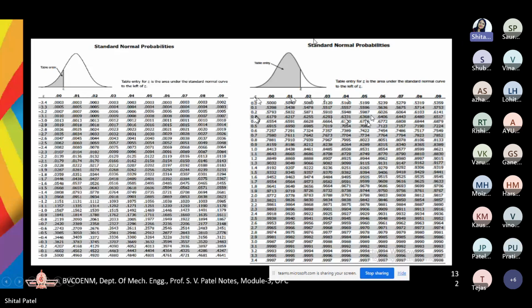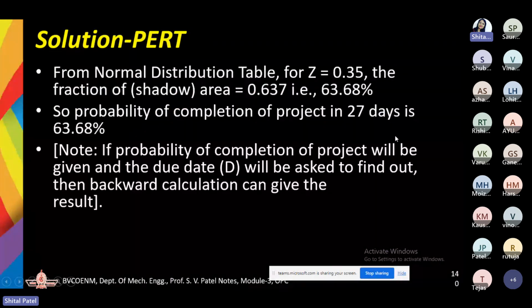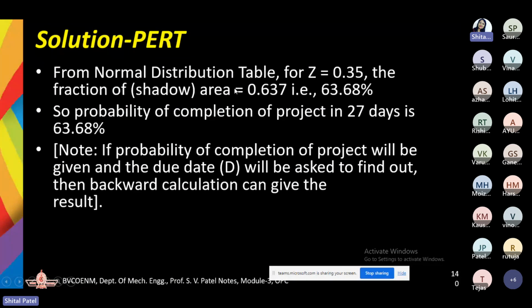Yes, ma'am. Okay, now this is your probability for Z equal to 0.35, which is 0.6368, right? So now come to this slide. Okay, what does 0.6368 mean? Multiply this by 100.